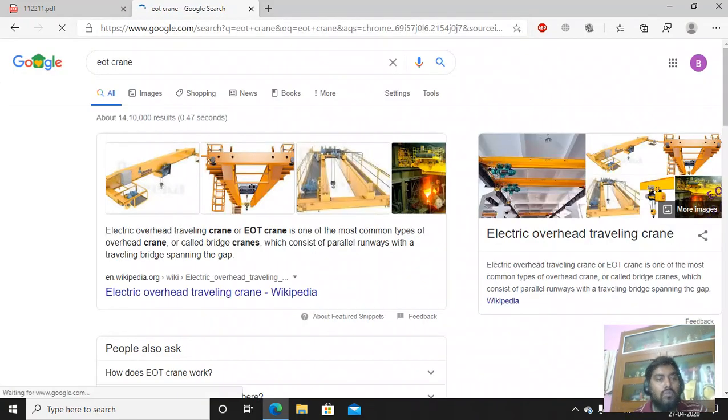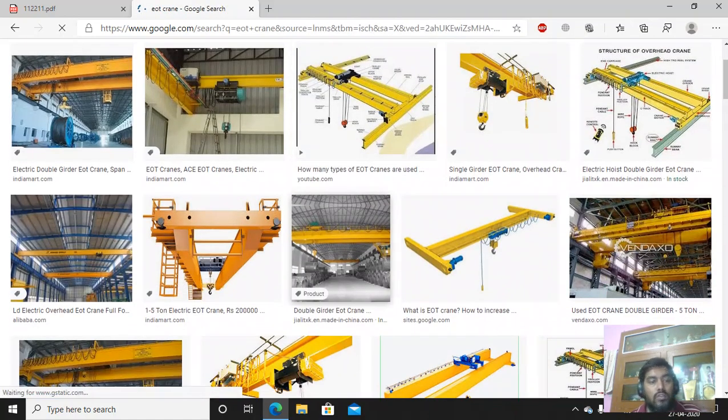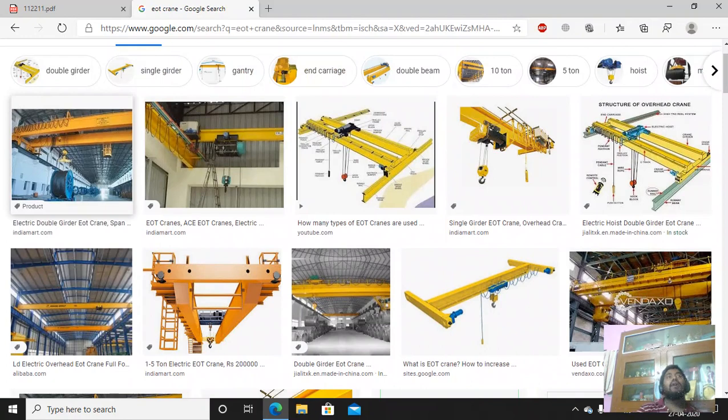I will tell you. I think you have seen in roads or in a factory that for moving heavier materials from one place to another, some cranes are used like EOT cranes, MOT cranes. EOT means electrically operated and MOT means manually operated.